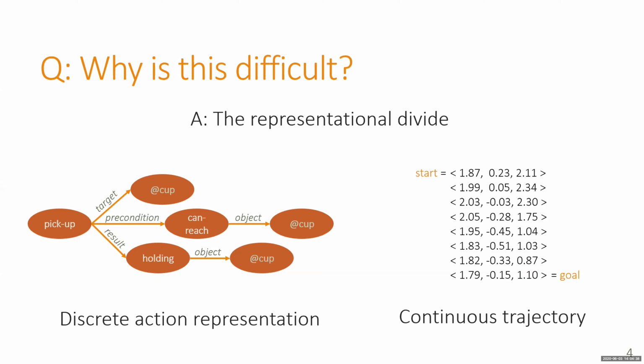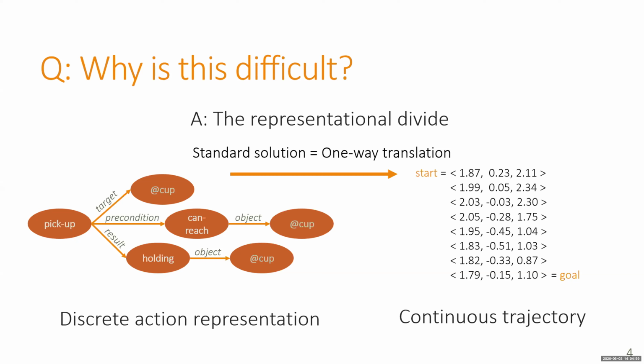And you may be thinking, well, we've had Soar control robots in the past. Obviously, there is a solution to this divide. And you're right, but it's not a great solution. The standard solution is a one-way translation from this discrete representation to a request to a motion planner.